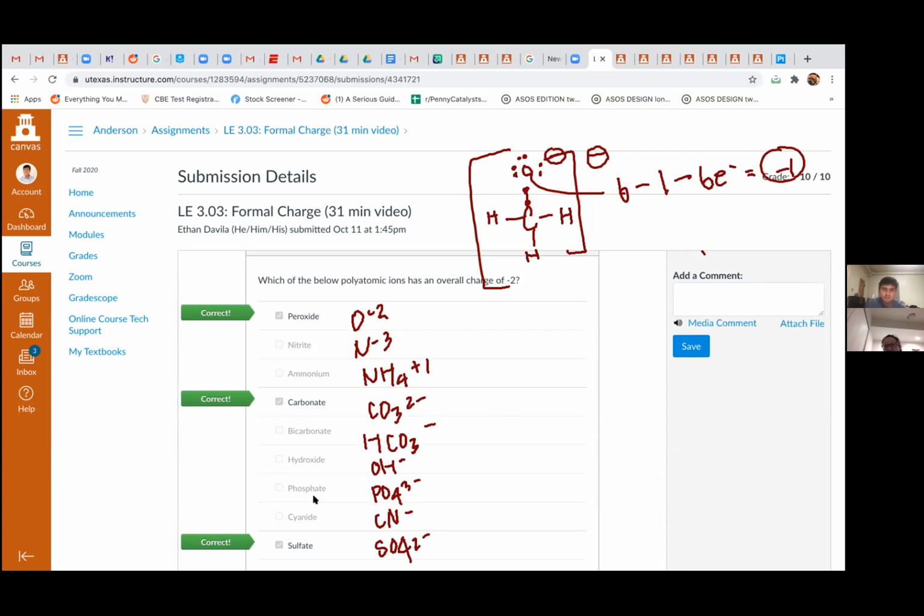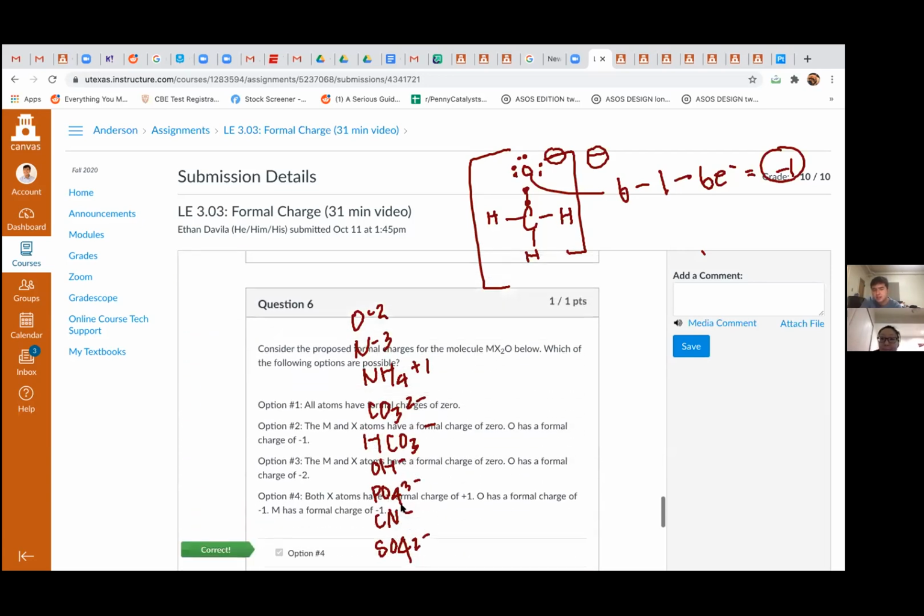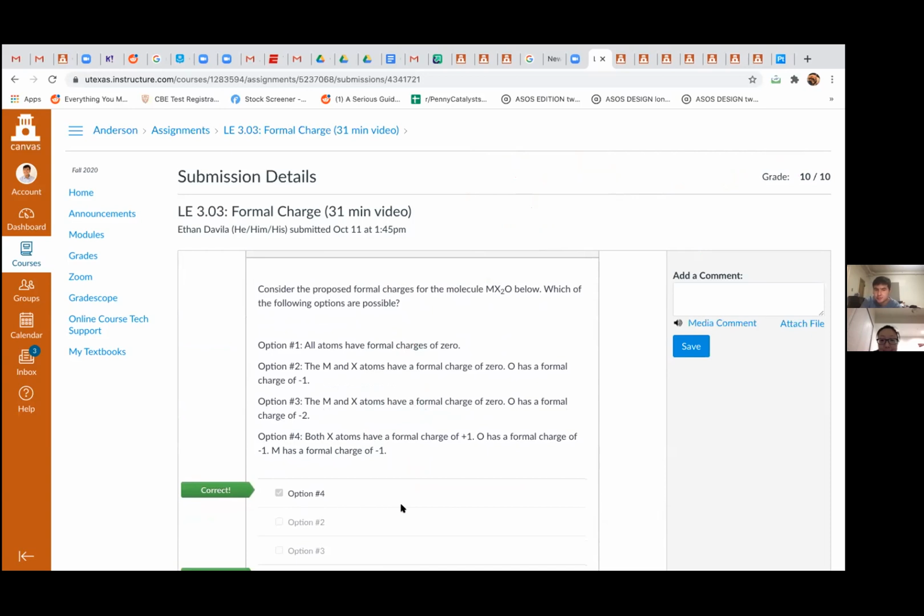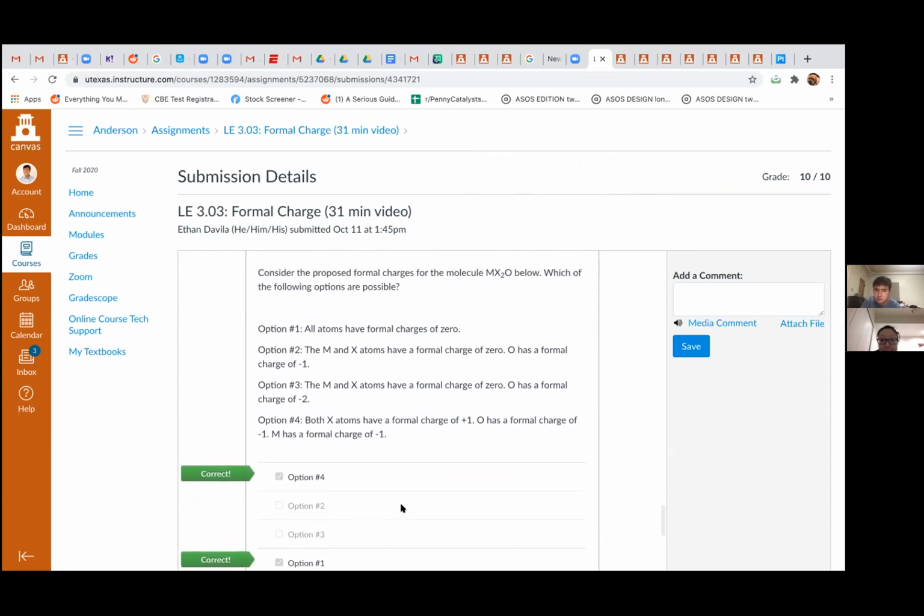Yeah. Is overall charge like the formal charges of these all add up to that? Yeah, you can. They all have formal charge of 0. M and X have formal charge of 0. O has a formal charge of -1. Isn't this the same thing?